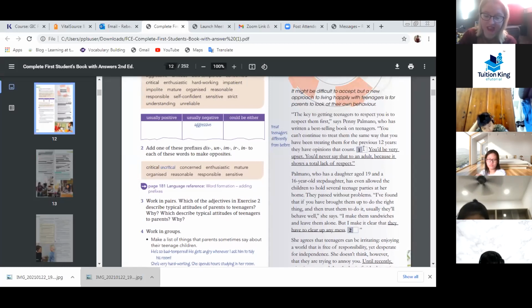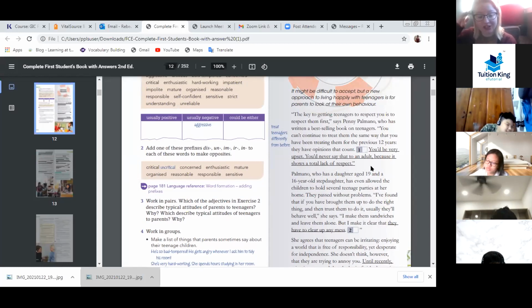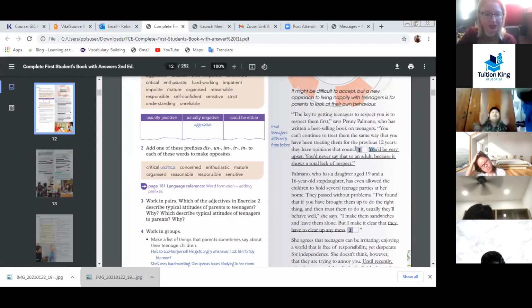So this is the answer to this one, but you shouldn't just listen to me giving you the answers. You should be asking yourself, okay, how does this sentence fit here in this gap? How does this sentence make sense? So if we have a look at the sentence afterwards, it says, "You'd be very upset." So you have to think, well, the information here has to describe something that would upset you.